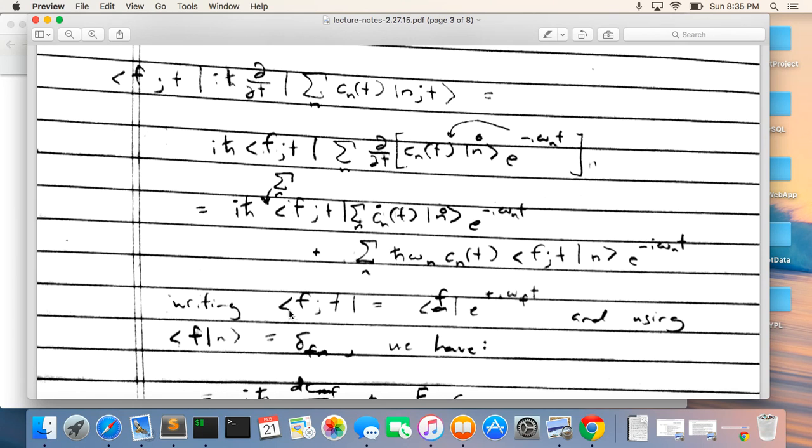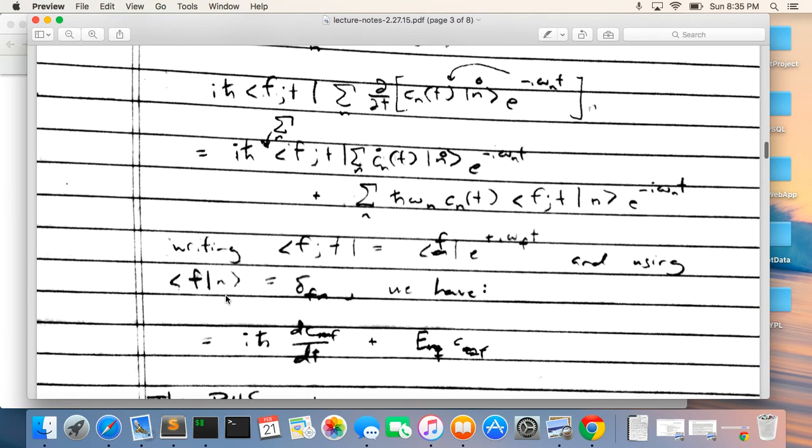And then once I do that, I can write the state that we multiplied by, which also has time dependence. I can pull out that time dependence, and then at that point we can use the orthonormality of these kets, the energy eigenkets, right?